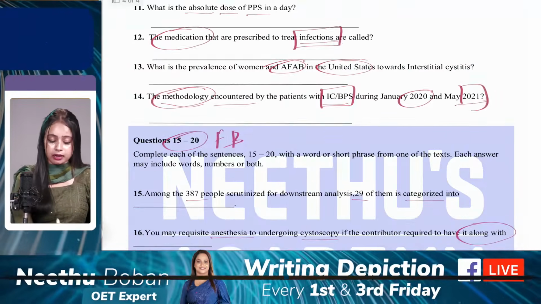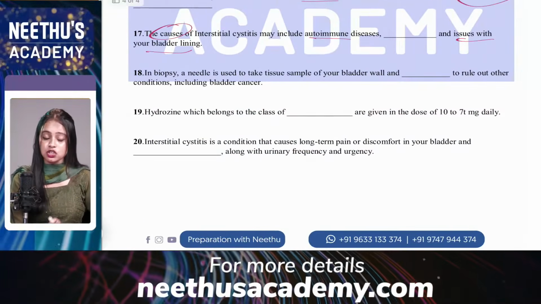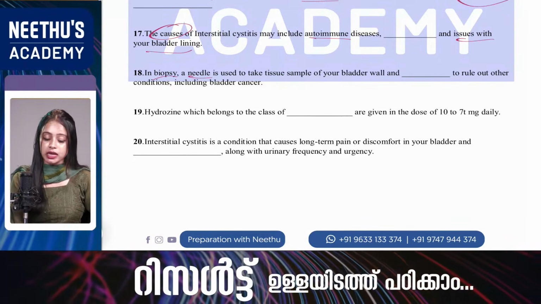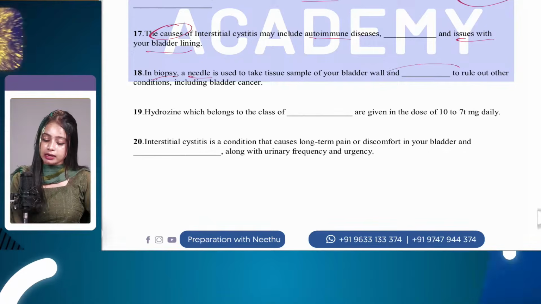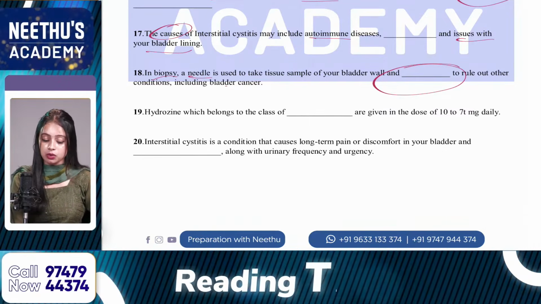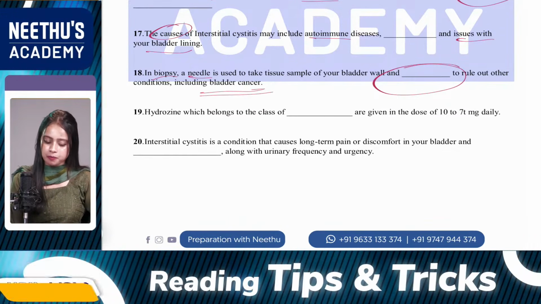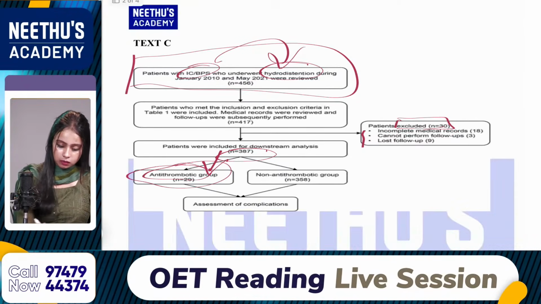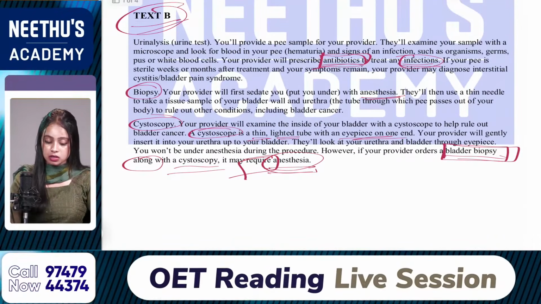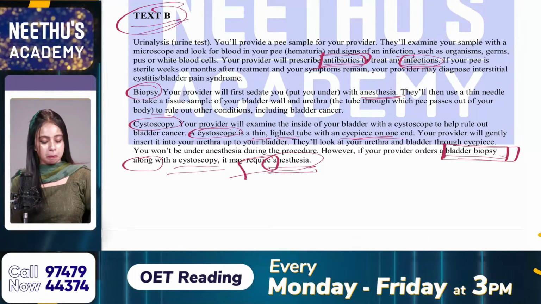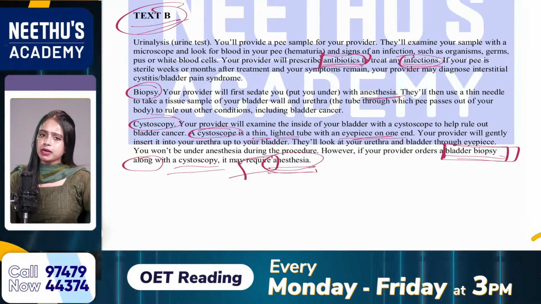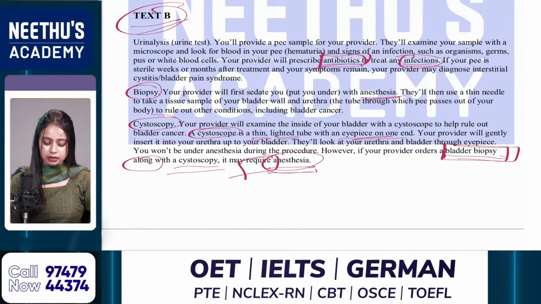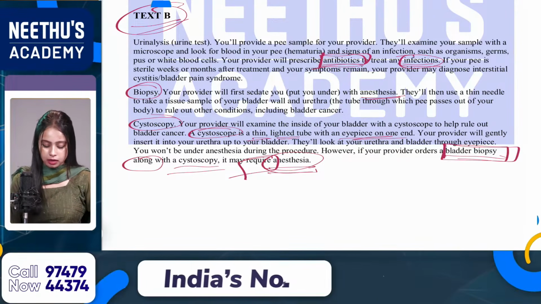Then the 18th one. In a biopsy, a needle is used to take a tissue sample of your bladder wall and dash to rule out other conditions including bladder cancer. Other than the needle, what are we using? It is from the procedure. Where is it mentioned that it is urethra? You got that answer from text B, right?